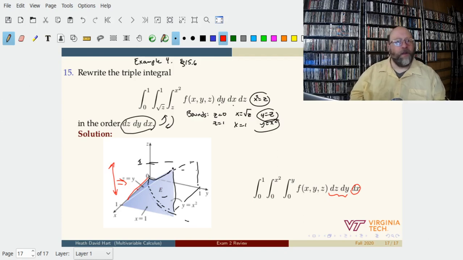And as it travels through the shape, it's going to hit this curve and then come back up here. That's going to be what happens. And it's going to hit that curve, y equals x squared, and that's going to be the upper boundary. Okay?